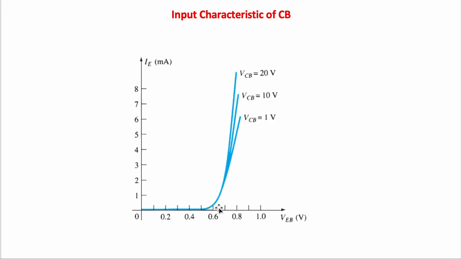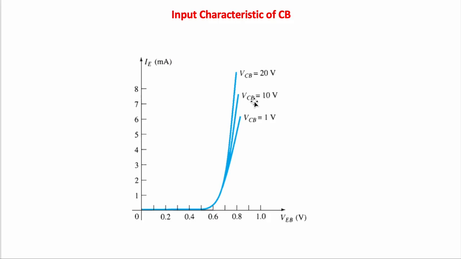After this point, it starts to increase exponentially. To get the correct reading, we need to keep the output voltage, which is VCB, constant, because as we see here, for different VCB values, we have a slightly different characteristic curve. Basically, this is the result of the early effect in the transistor.